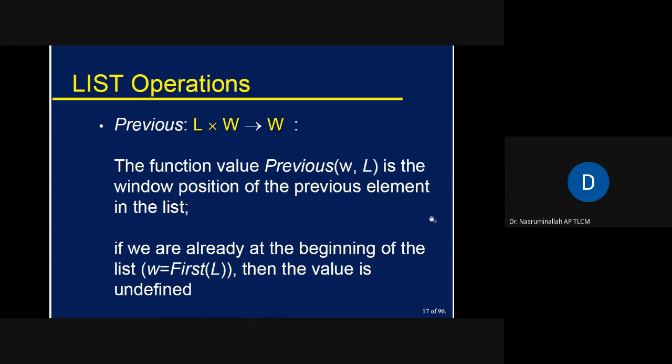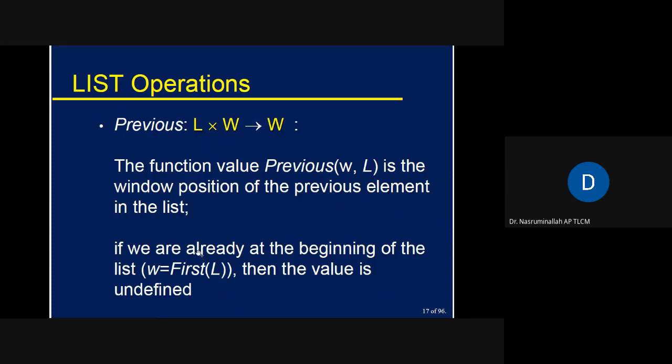So the function value of previous is the window position of the previous element in the list. If we are already at the first element in the list, the first element does not have a previous element, so from the first element you cannot move to the left side, or to the previous. So for the first element, the previous is undefined.